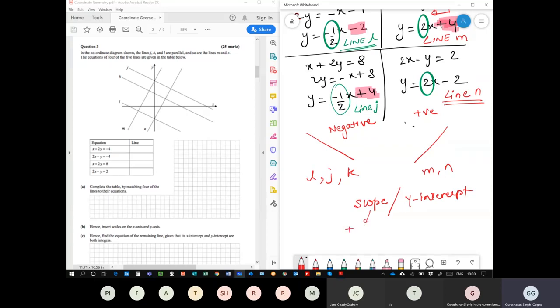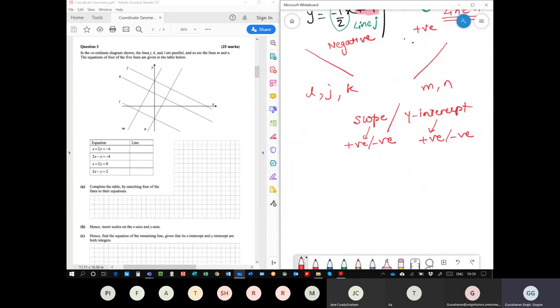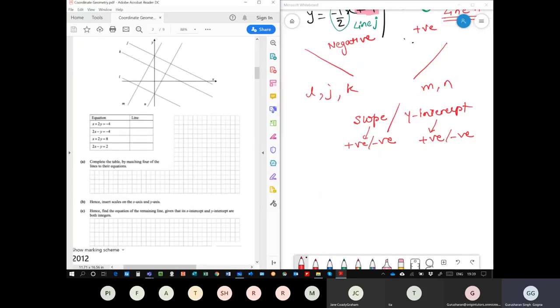So for slope also you need to check whether it is positive or negative, and for y-intercept also you need to check it is positive or negative, and then you can make a judgment whether it is passing through the y-axis on the positive side or on the negative side, and then you can decide which one is which. Okay, so this is a very important question, and there are multiple times they ask this type of question.